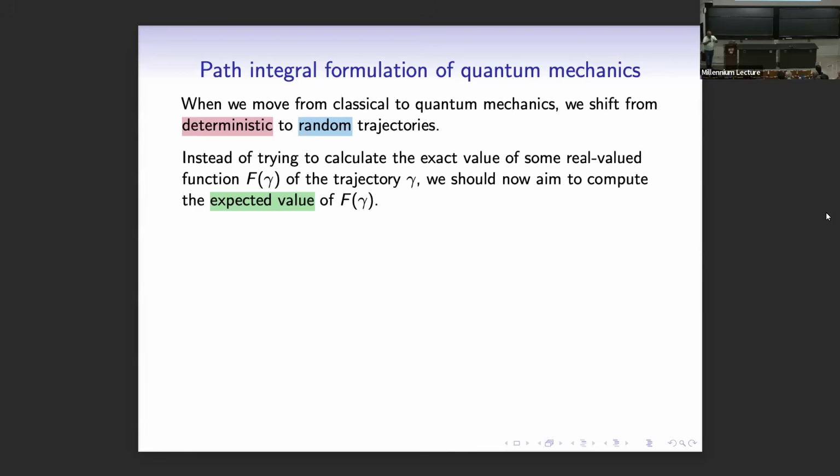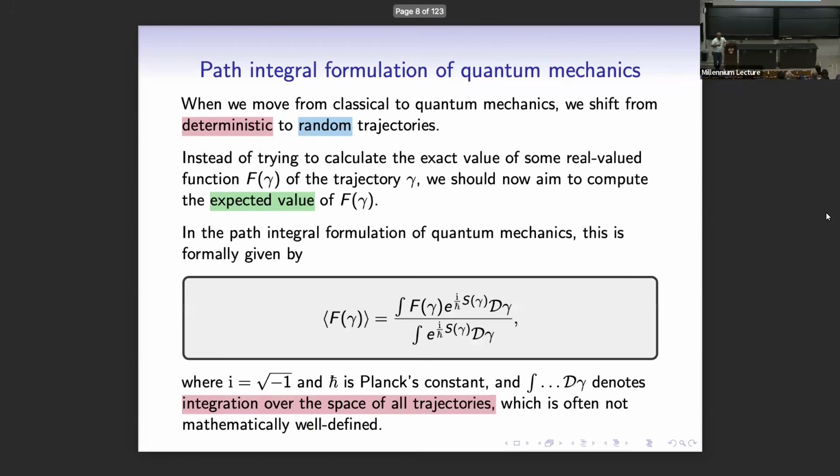In the classical case, you actually had the trajectory in your hands in case there is a unique critical point, and you can talk about the exact value of the function of the trajectory. Here we look at the expected value. It's not deterministic. You try to compute the expected value of the function.